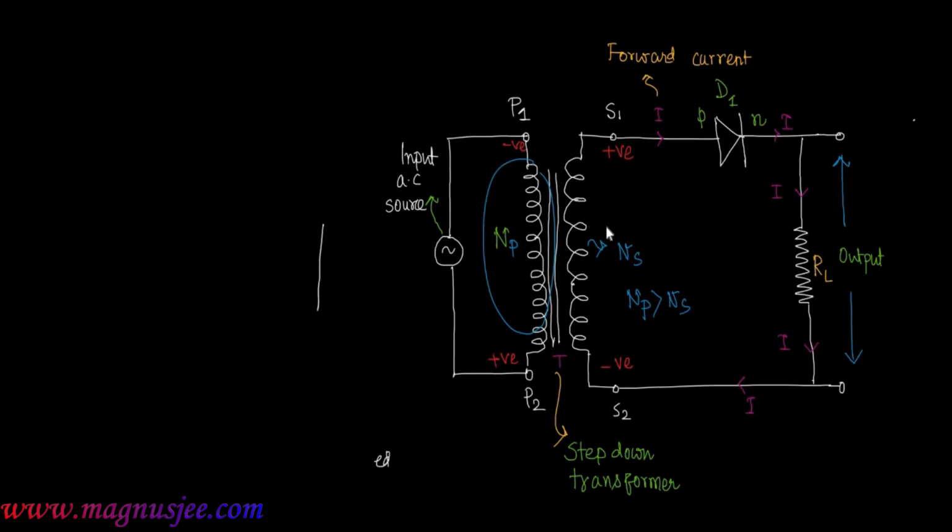That means at the input, if we apply a positive half cycle, at the output we get again a positive half cycle across the load resistance RL.